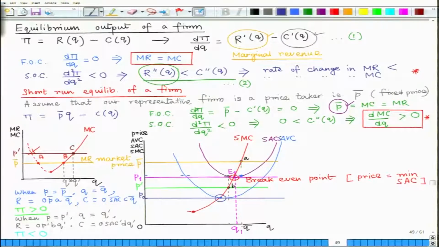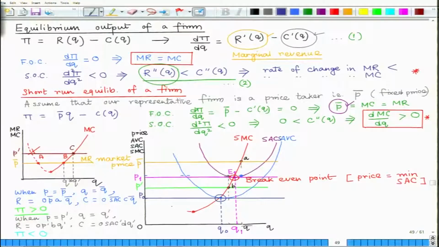Here the firm is meeting its first order condition and second order condition for short run profit maximization, and that mathematics will dictate it to produce Q naught level of output. If the firm decides to produce Q naught level of output facing the market price P naught, then the firm is at least earning that much revenue from the market by selling output to cover up its variable cost of production.